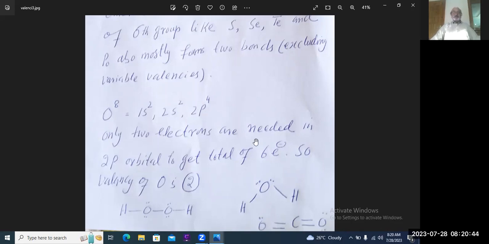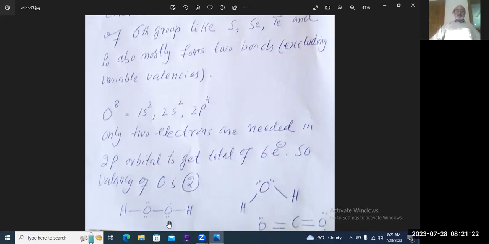Only 2 electrons are needed in the 2p orbitals to get a total of 8 electrons. So the valency of oxygen is 2, because by getting 2 electrons in 2p, the octet of the outermost shell of oxygen would be complete. That is why the valency of oxygen is 2.